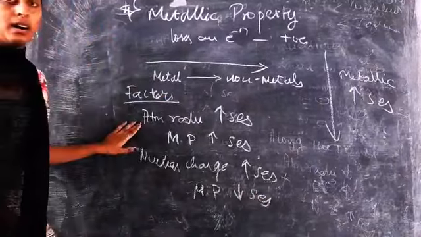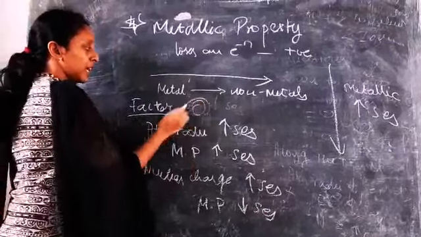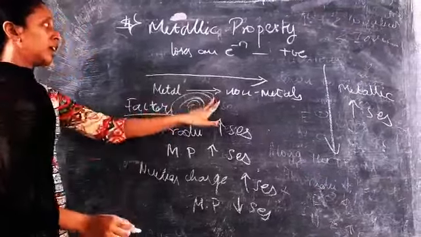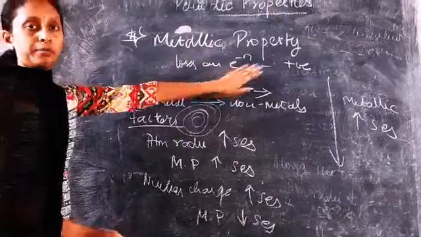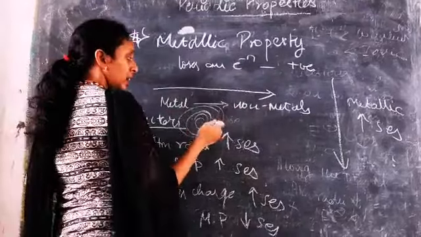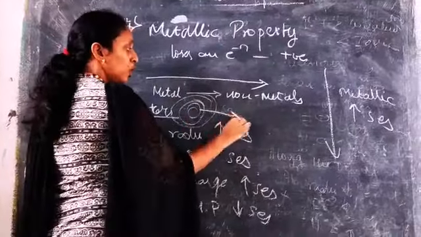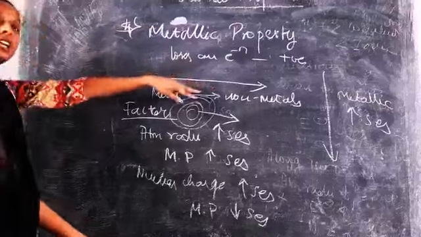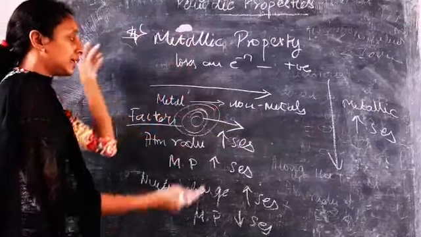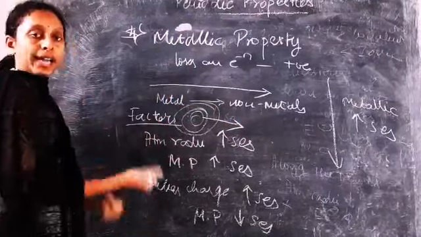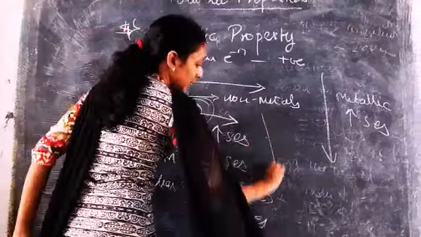If you increase the number of shells, it becomes easier to lose an electron and become positive. But with a higher nuclear charge it is very difficult to lose an electron, while in non-metallic properties it is very easy to take up an electron. So these are the factors.